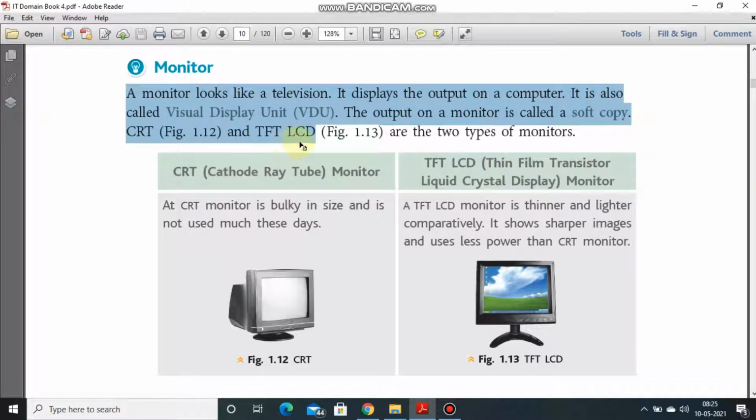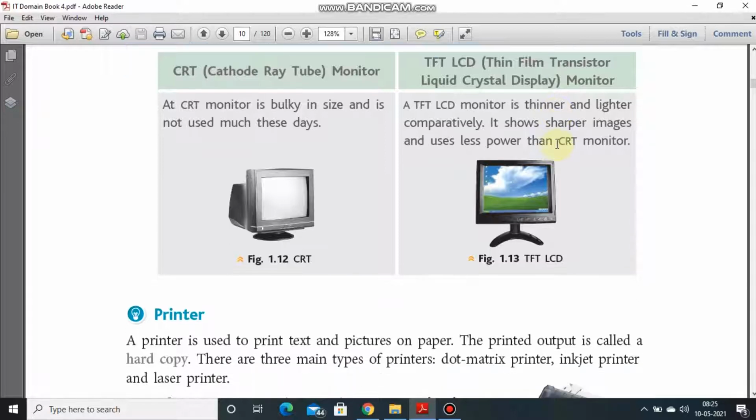CRT and TFT LCD are two types of monitors, but nowadays we are using LED monitors also. A CRT monitor is bulky in size and not used much these days. I hope many of you have seen this type of CRT monitor.